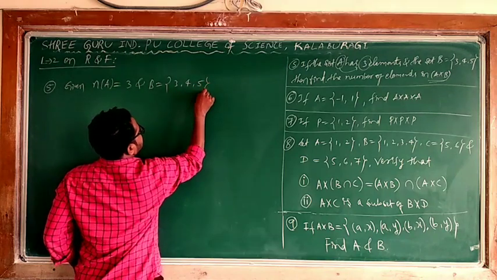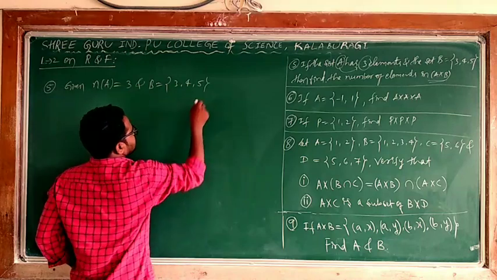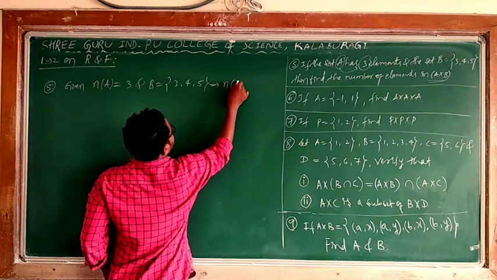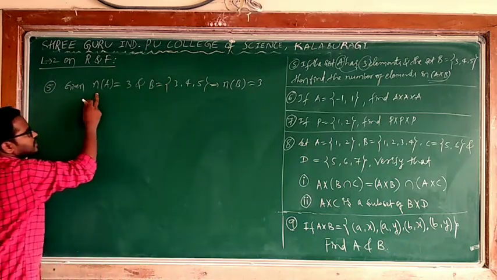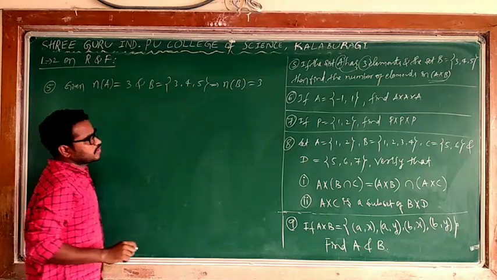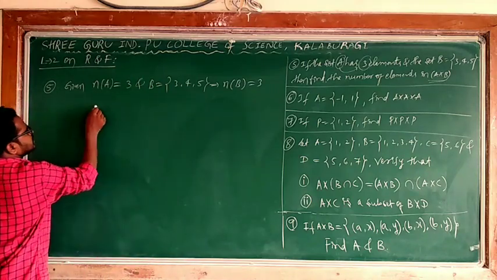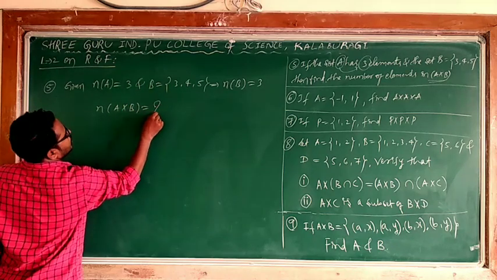According to the question, we need only how many possible elements are in A cross B. It implies n of B is again 3 elements, irrespective of the numbers. n of A has 3 elements, n of B has 3 elements. But the question is asking n of A cross B is equal to how many elements?